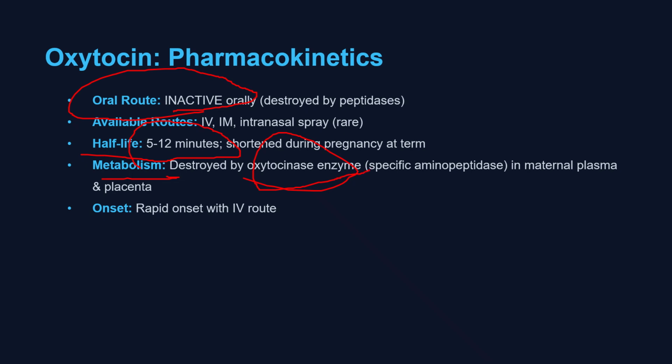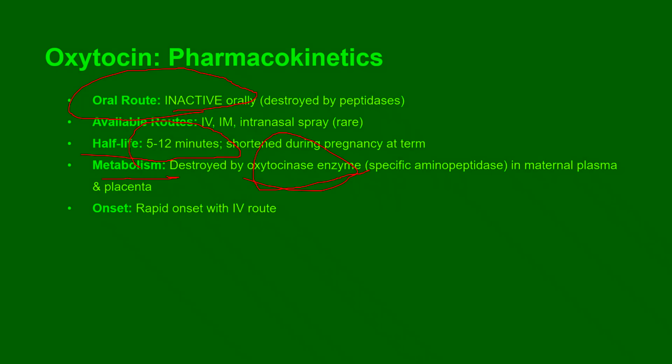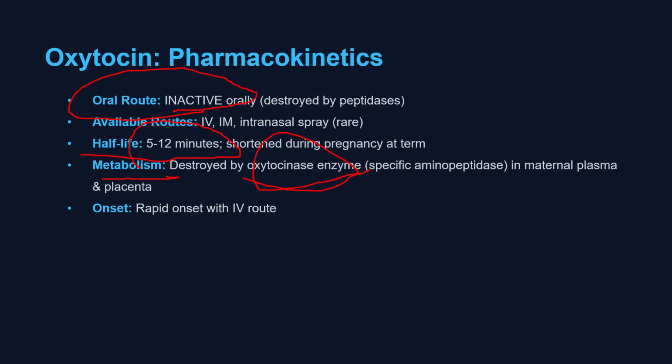It is the oxytocinase enzyme, found only in the pregnant uterus and placenta. Using this oxytocinase, we can detect it in maternal plasma, and the half-life is only about 5 to 12 minutes. It inactivates the oxytocin, so oxytocinase is an important enzyme here.